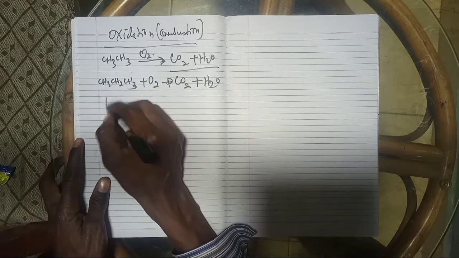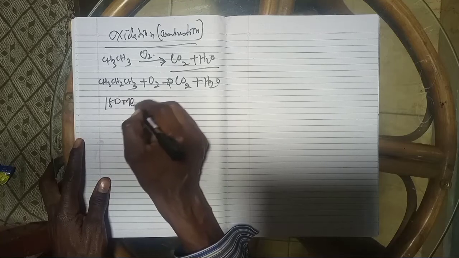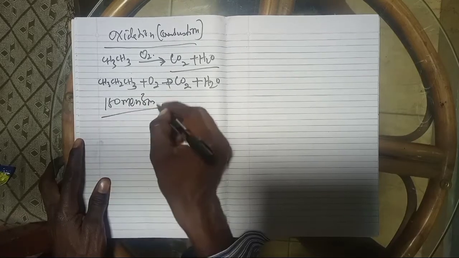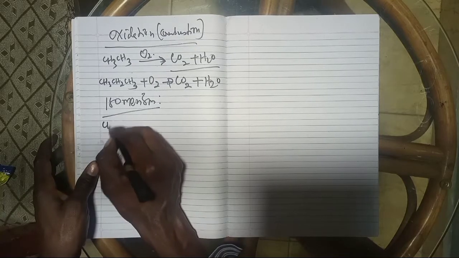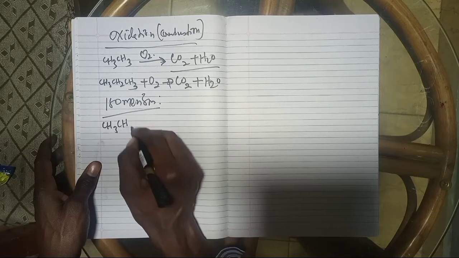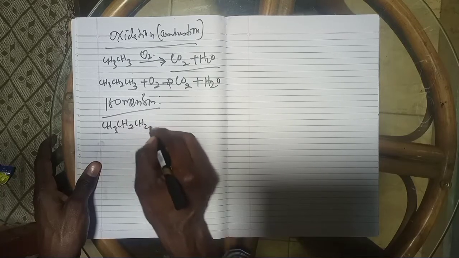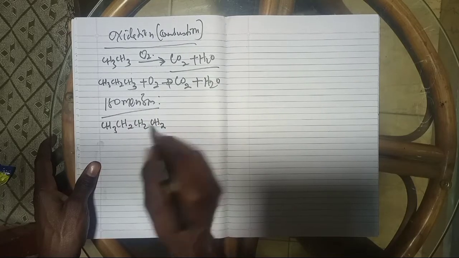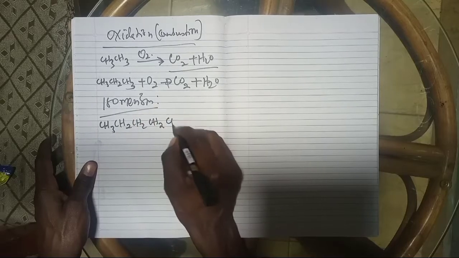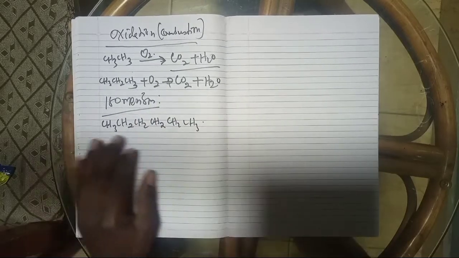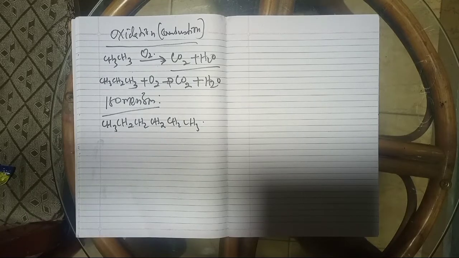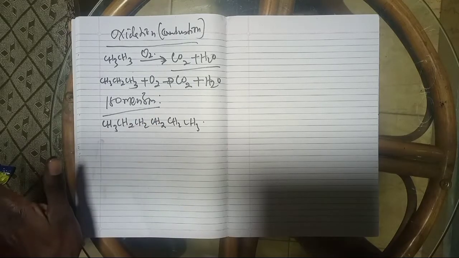Lakini kingine we call it isomerism. Tunapofanya isomerism of alkane, example tunaposema this is hexane, 1 2 3 4 then 5 6, this can undergo isomerism to form different compounds.